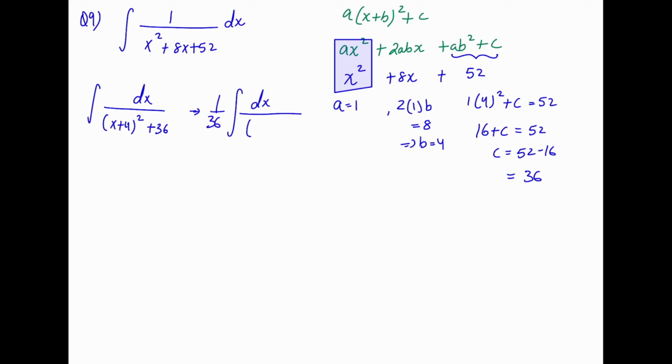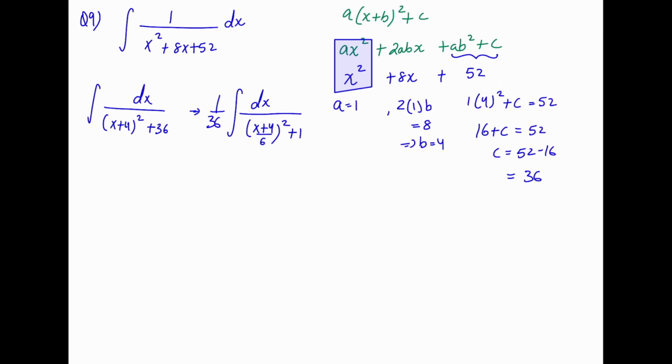You'll be left with this: x plus 4 divided by 6, squared, plus 1. Okay? Because when you take that 36 out of it, this will be divided by 36. And 36, when combined inside the same square root, will leave you with just a 6 squared. Okay? So that's cool stuff. We got that one sorted.